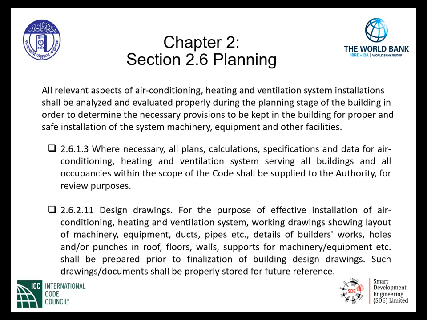gives us the requirements regarding all relevant aspects of air conditioning, heating, and ventilation system installations. They need to be analyzed and evaluated properly during the planning stage of the building in order to determine the necessary provisions to be kept in the building for proper, safe installation of the system, machinery, equipment, and other facilities.